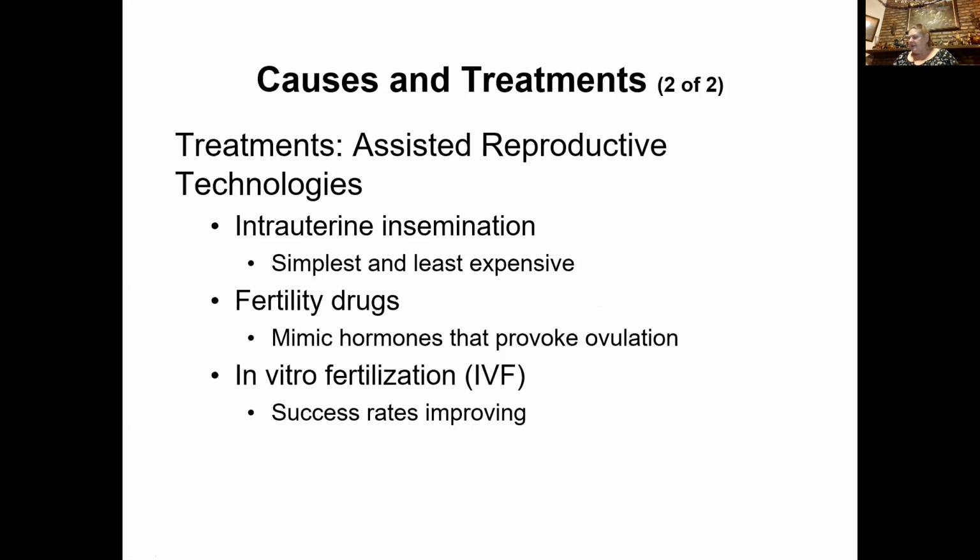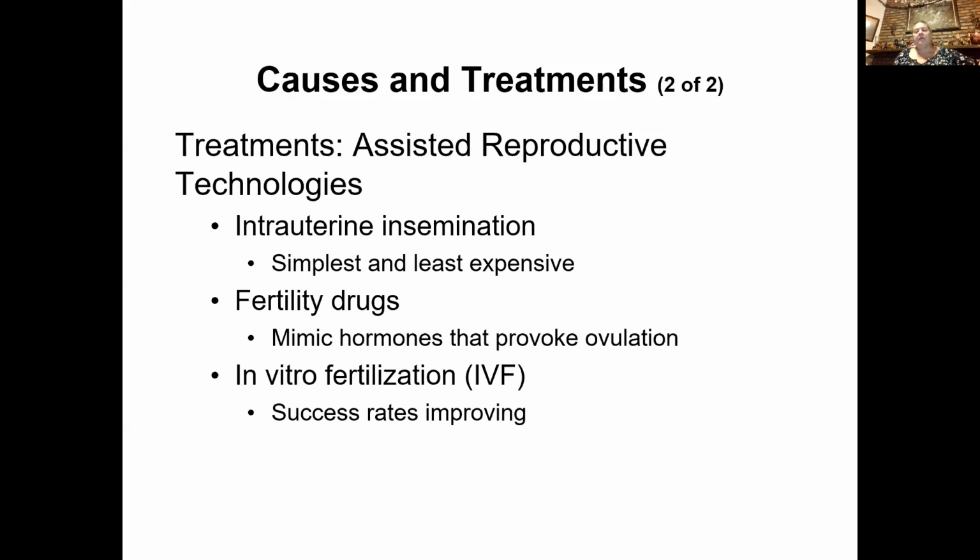Causes and treatments. There are a lot of different technologies that have been developed in order to help people get pregnant. Intrauterine insemination is the simplest and least expensive. Basically, the woman, at the appropriate time, they keep an eye on her, say, okay, she's going to ovulate, she ovulates.